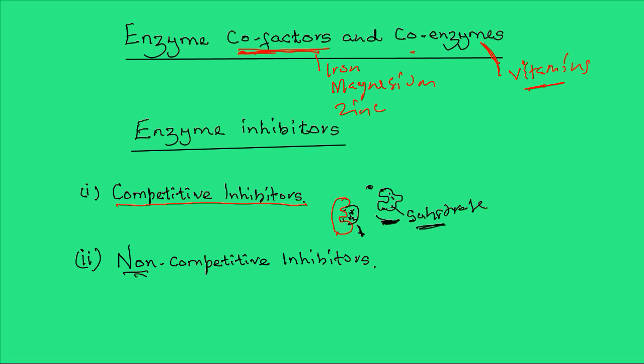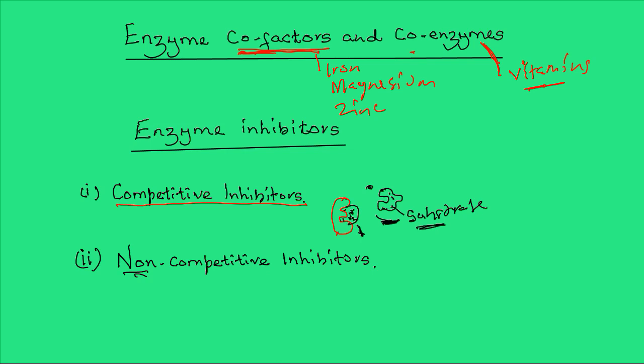Now, in non-competitive inhibition, the inhibitor substance attaches itself permanently onto the active site, and in this way completely blocks the active site and prevents the enzyme from interacting with the substrate.